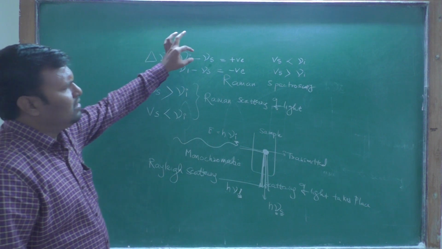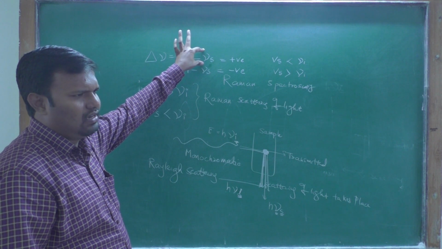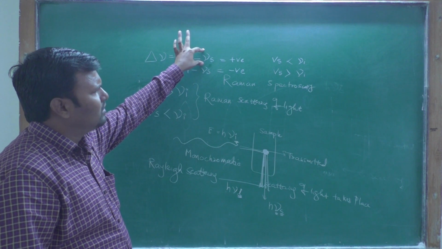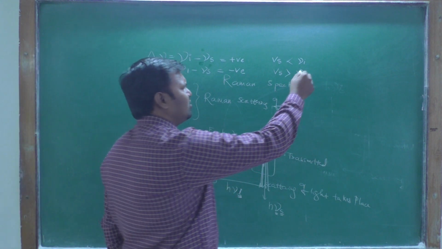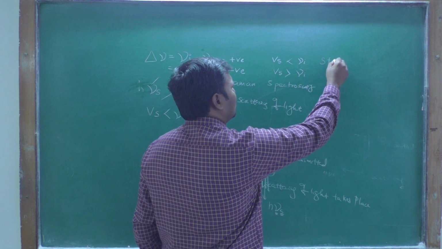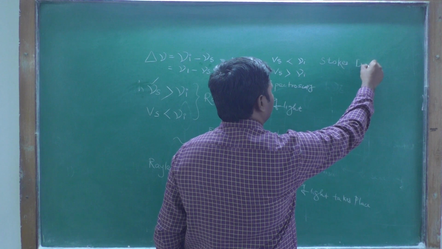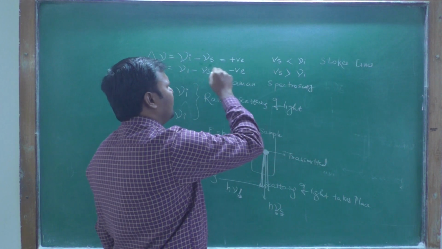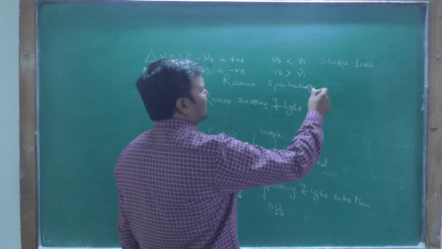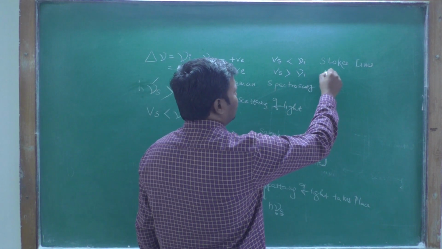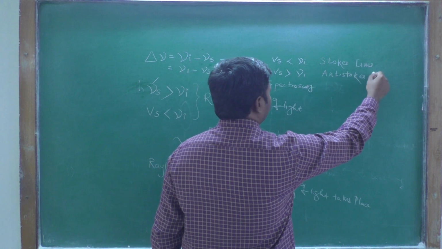If the scattering frequency is less than the incident frequency, those lines are called Stokes lines. If the scattering frequency is higher, those lines are called anti-Stokes lines.